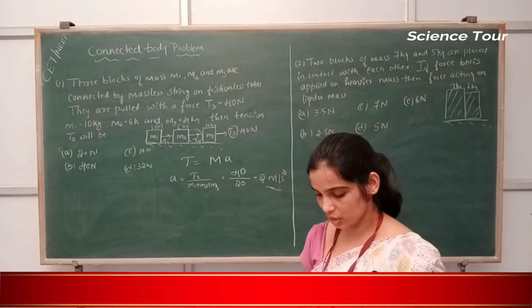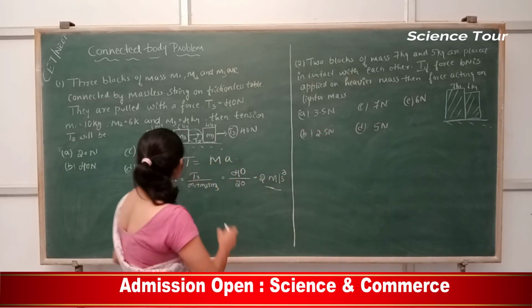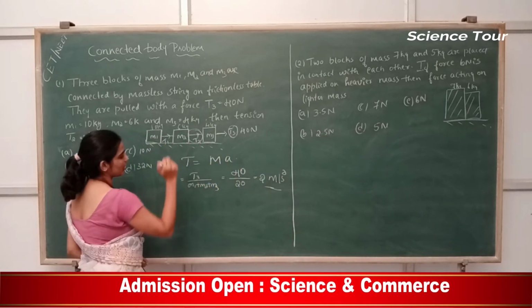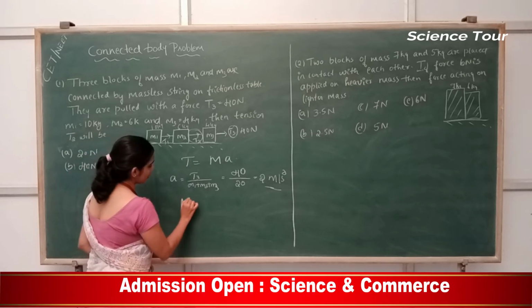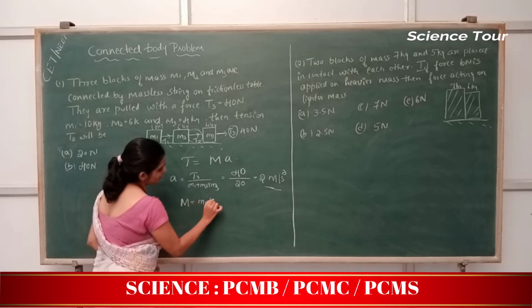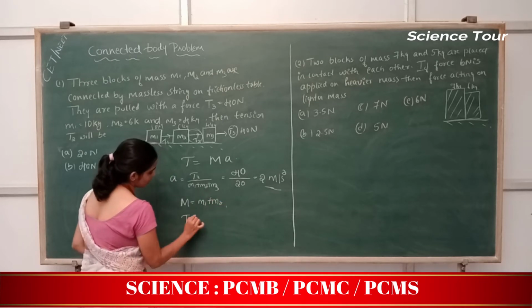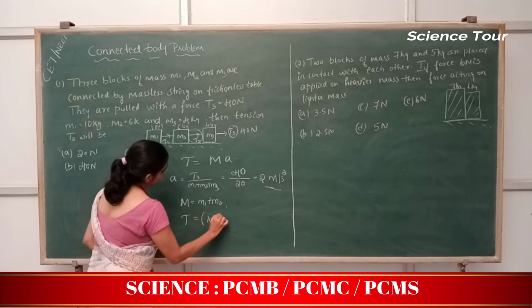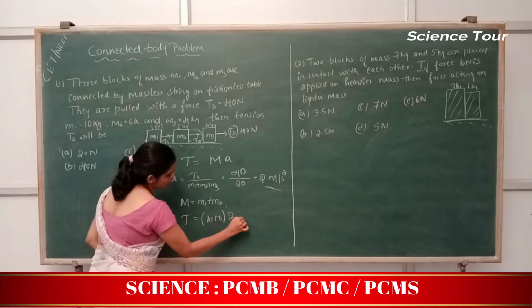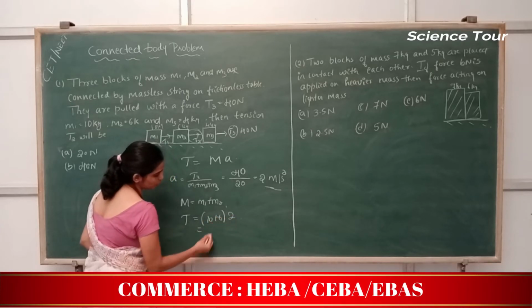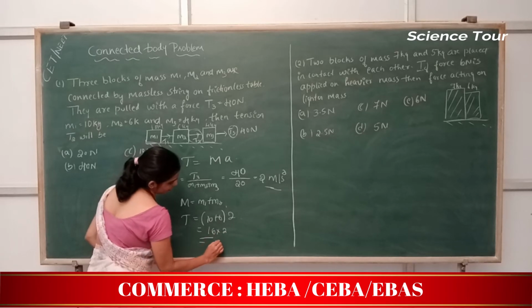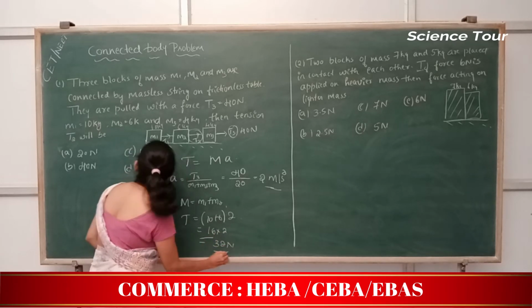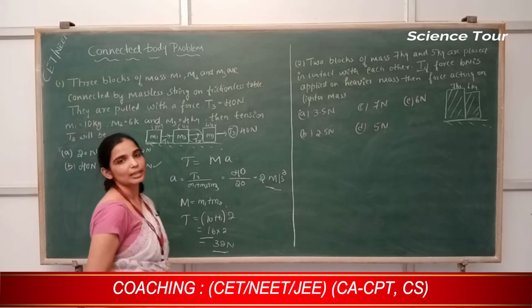This tension is carrying m1 and m2, so m1 plus m2 into acceleration. So here m is equal to m1 plus m2, therefore tension is equal to 10 plus 6 into acceleration, 16 into 2. 32 Newton. Option D is the right answer.